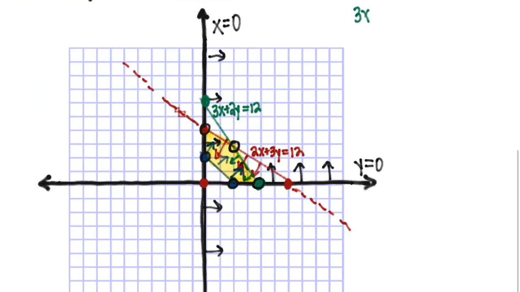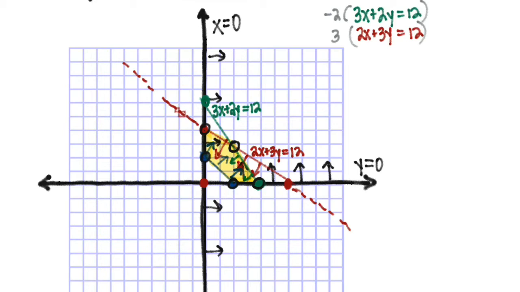So I'm going to take 3x plus 2y equals 12, and 2x plus 3y equals 12. I'm going to multiply the first equation by -2 and the second equation by 3.